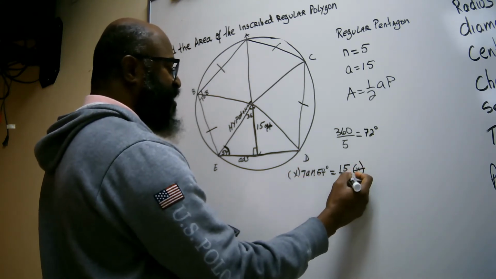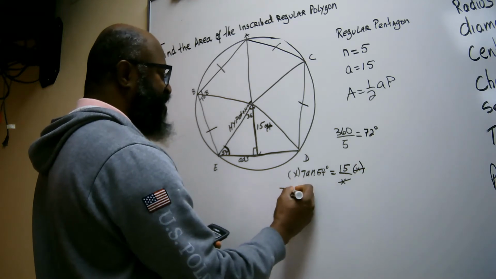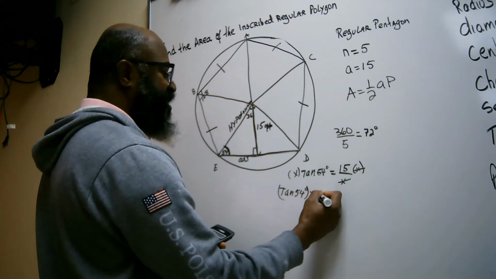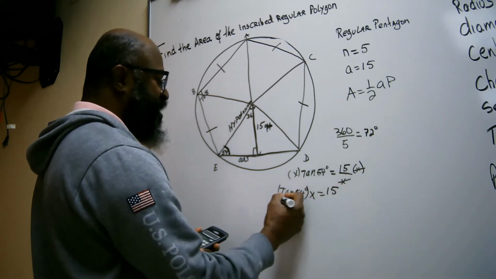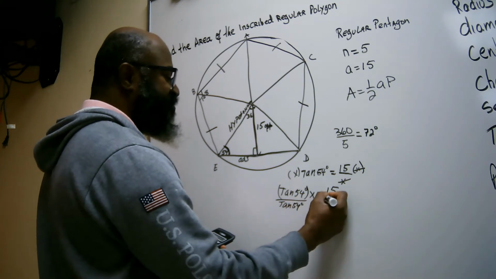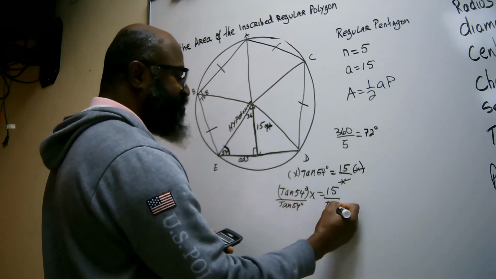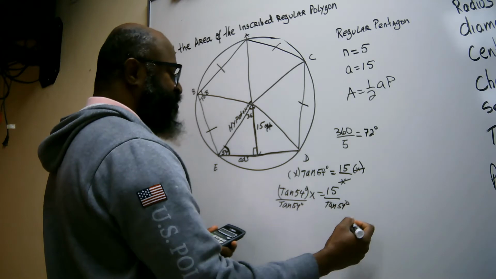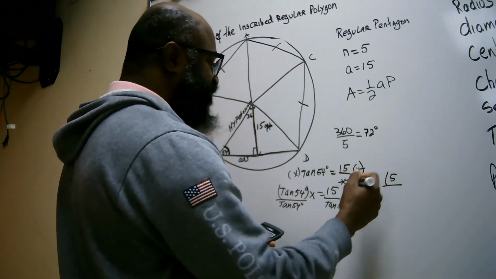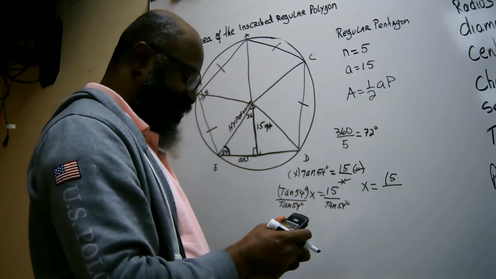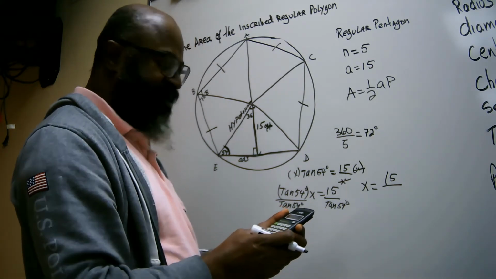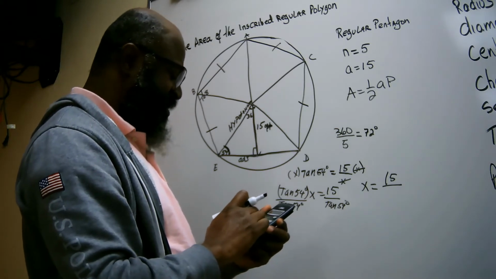This x will cancel. Then I will have tangent of 54 degrees times x is equal to 15. Then divide both sides by tangent of 54. Then I will have x equal 15 divided by tangent of 54.